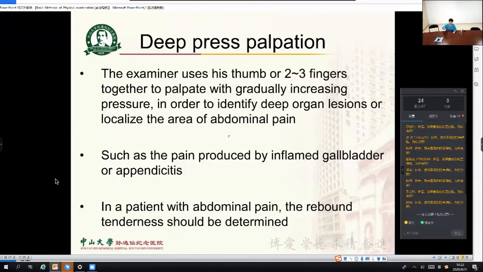So we use deep press palpation to identify organ lesions, such as the pain produced by an inflamed gallbladder or appendicitis.